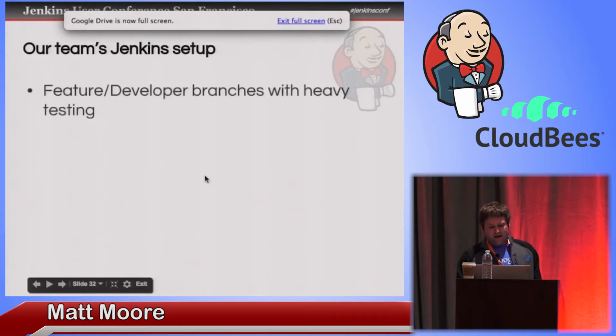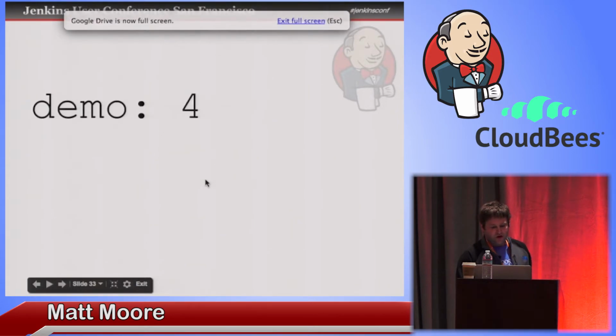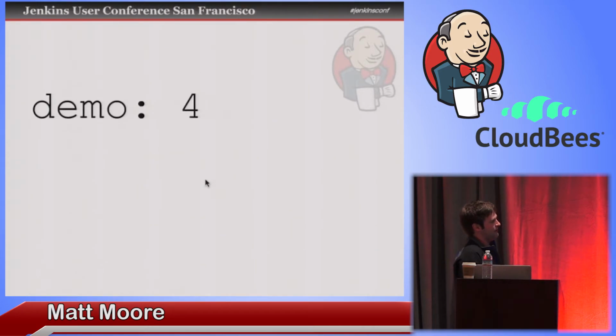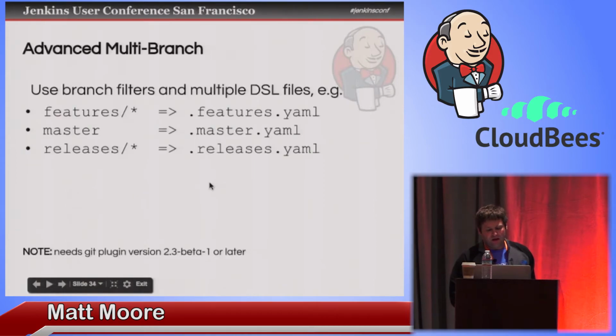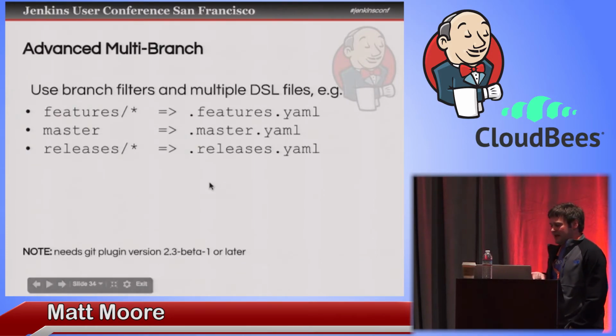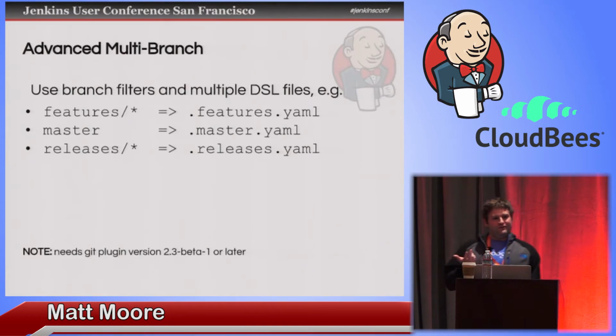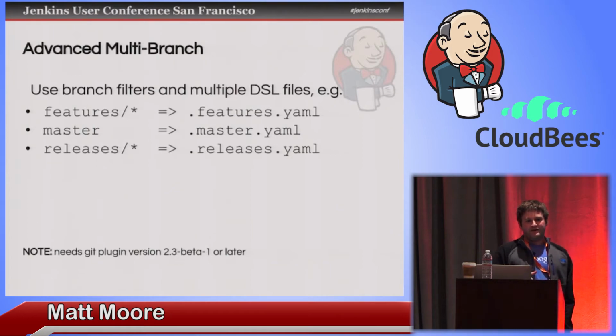OK, so that was the 4th final demo. How am I on time? I'm good? OK. And so now you can start to apply these same concepts in a more advanced multi-branch setting, right? So in addition to running a multi-branch project across all branches, I can start to filter it, right?